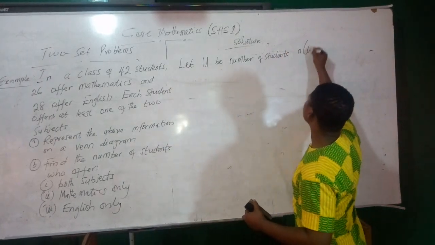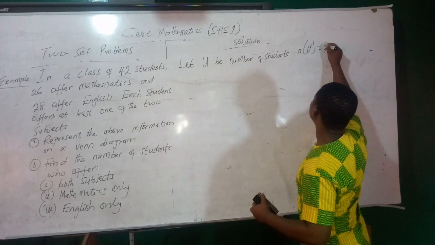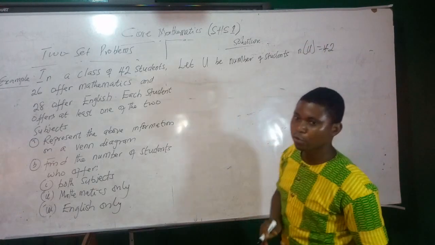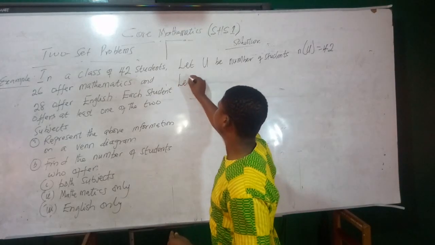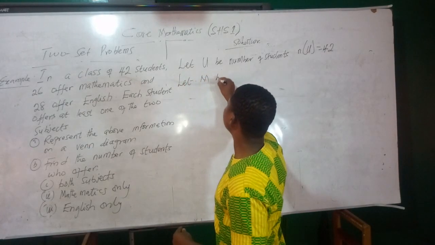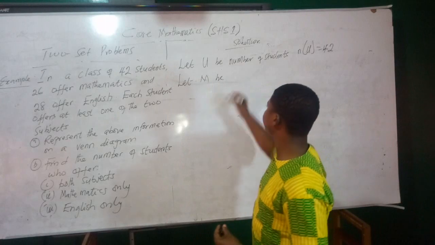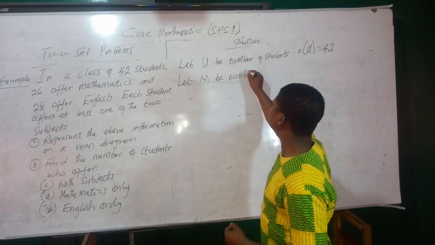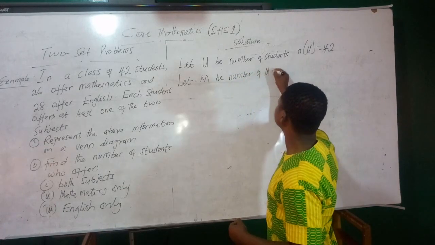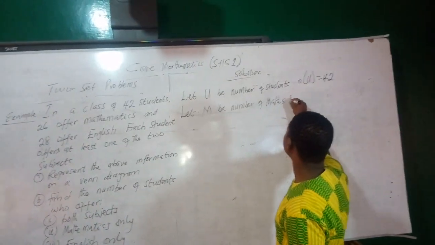So we can have n of U, and it's giving us 42. n of U is 42. Then let M be the number of mathematics students.